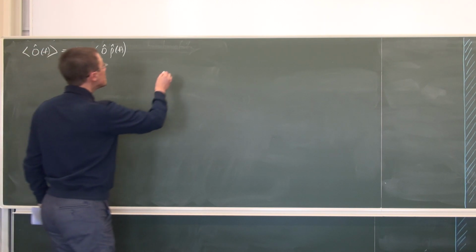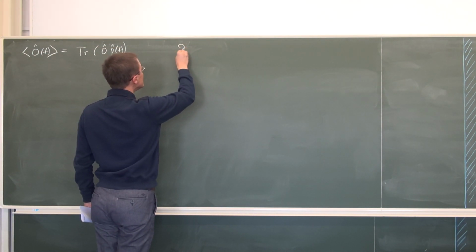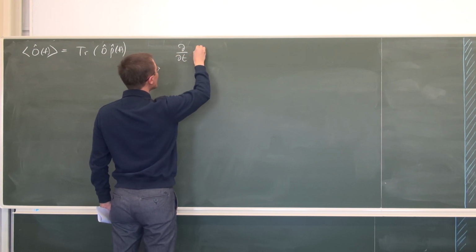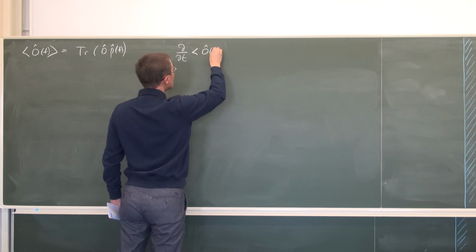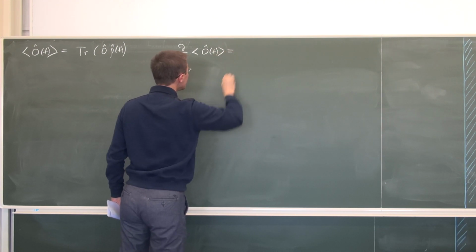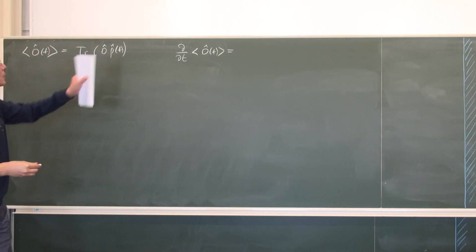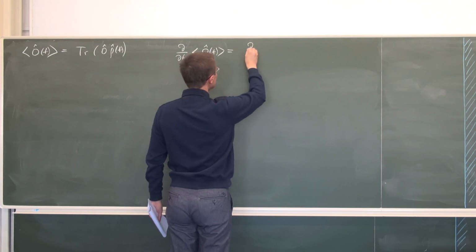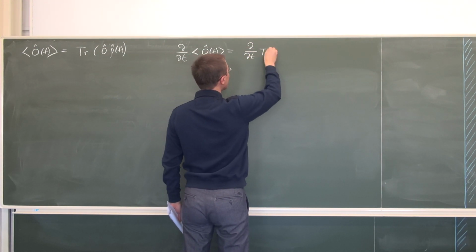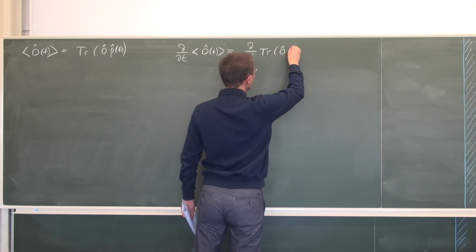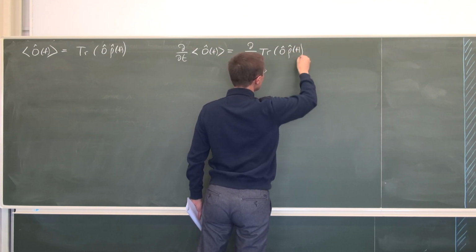So, what I'll do is I'll take a derivative. So d by dt of this O of t is going to be the derivative of this trace, d by dt of trace of O rho of t.